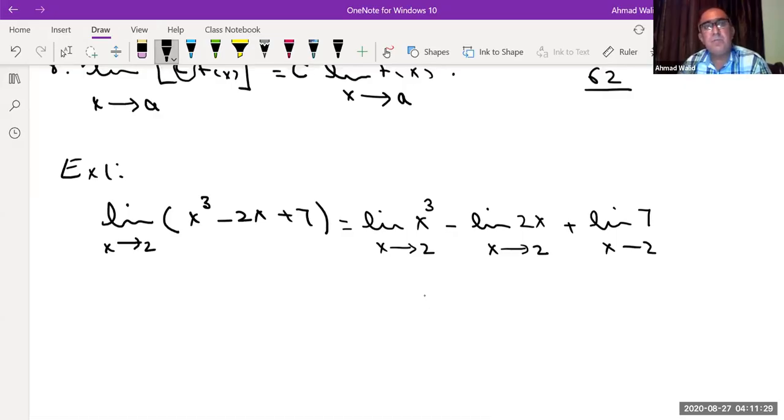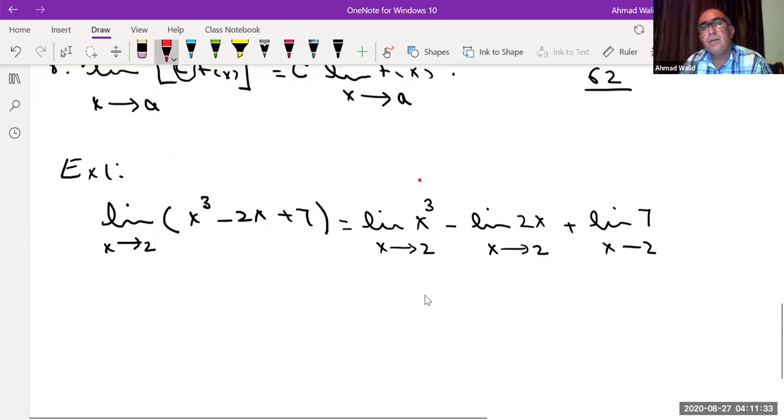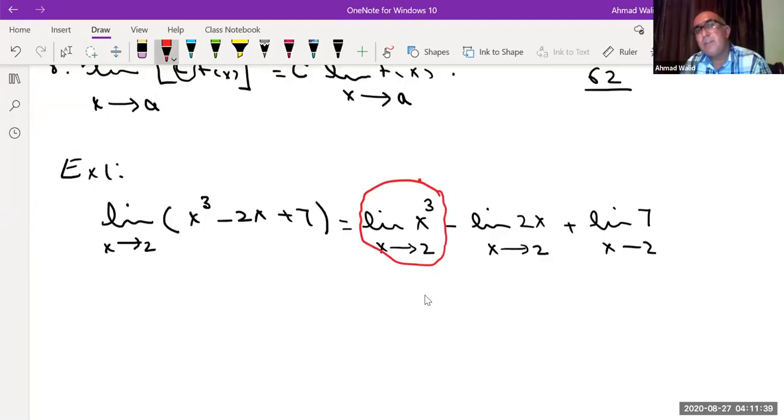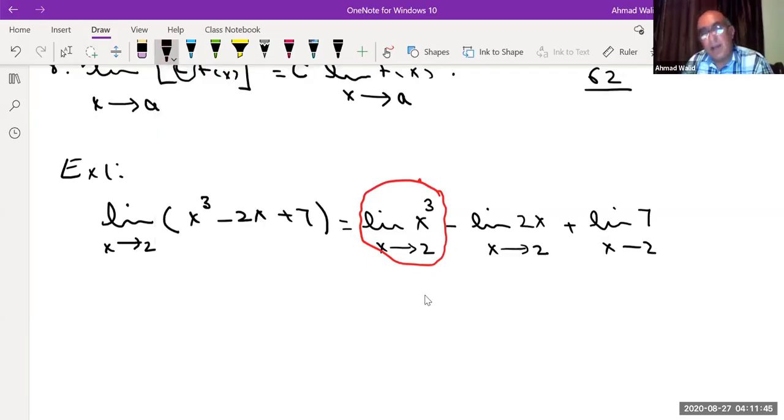Now, in the first part, you can apply your power rule here, f of x to the power of n. Then you can write this as the limit of x as x approaching 2, all to the power of what? 3.